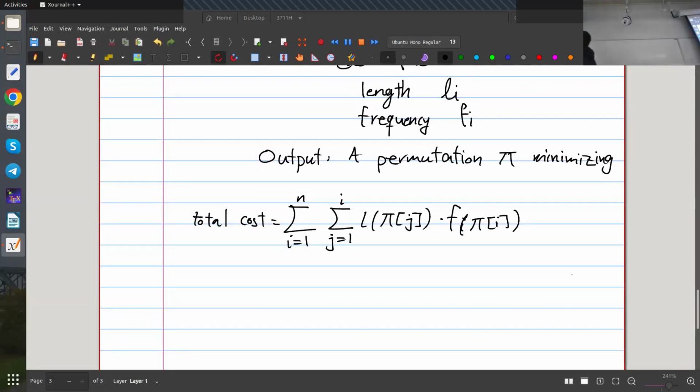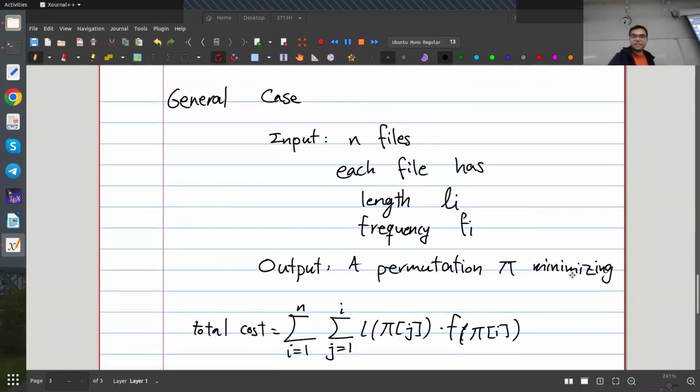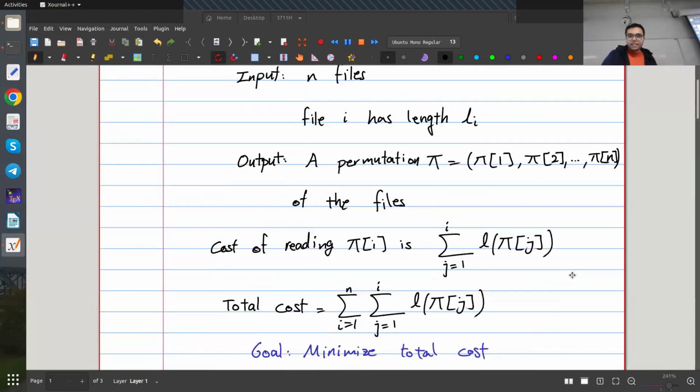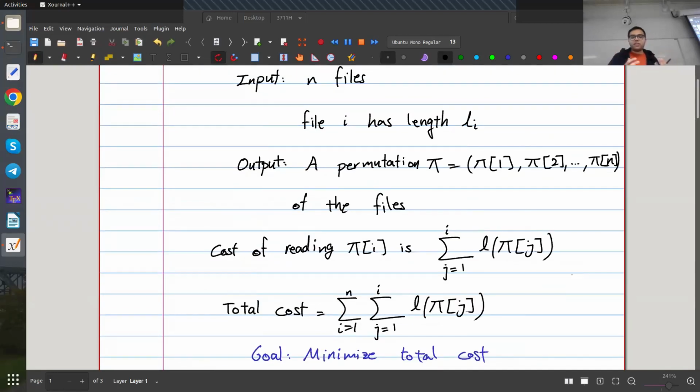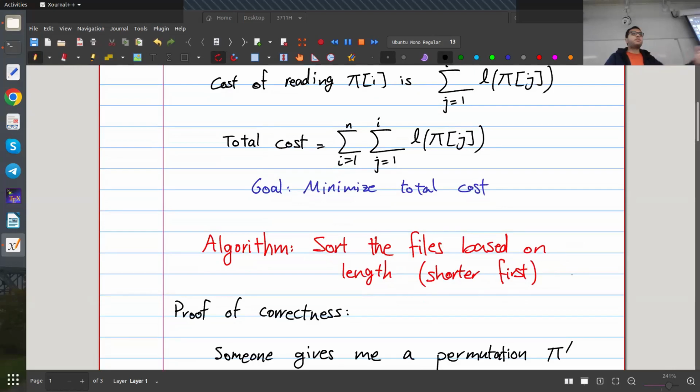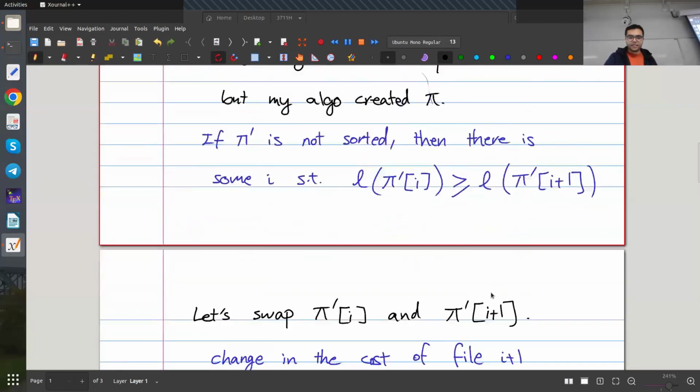What would you do here? So for the previous cases, when I didn't have frequencies, when every file was accessed exactly once, I had unit frequency for every file. I just said that let's put the files that are shorter first, right? So I was basically sorting based on lengths.